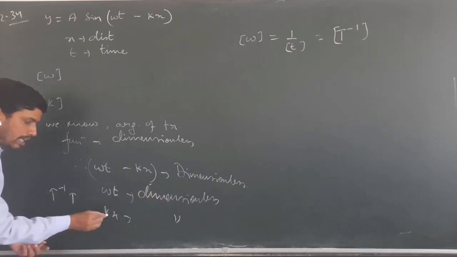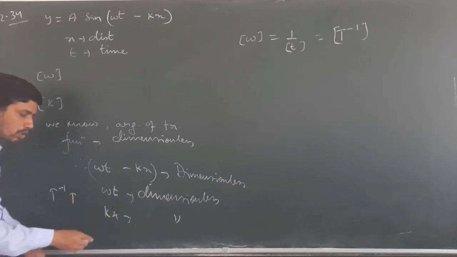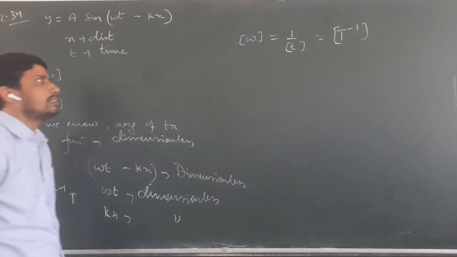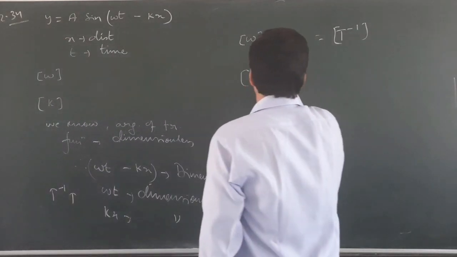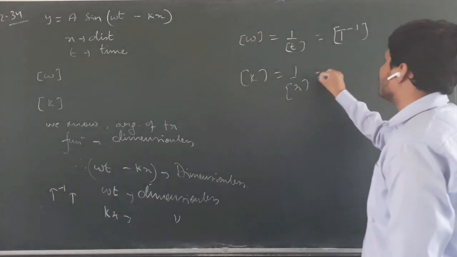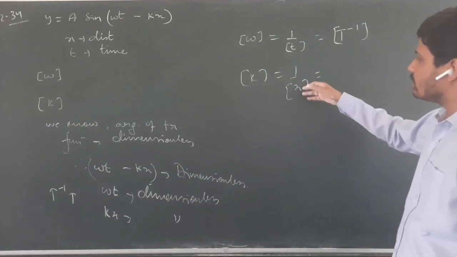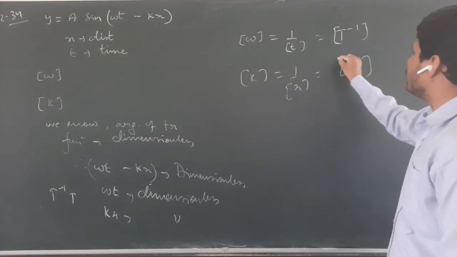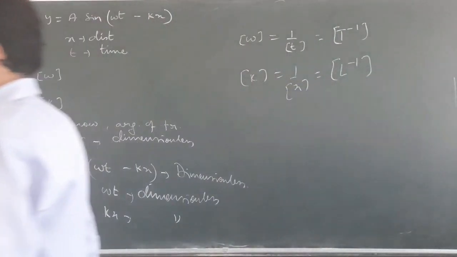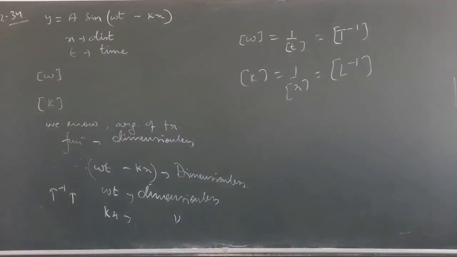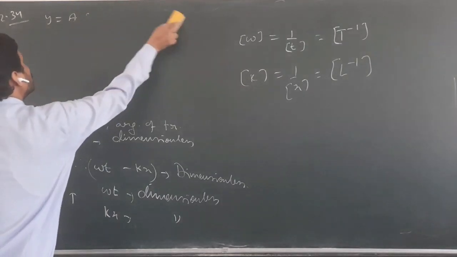Likewise, k should have dimensions which are reciprocal of the dimensions of x. X is distance, that is length. So here we will have length inverse. I hope these solutions are clear to you. Next, some more questions we will discuss.